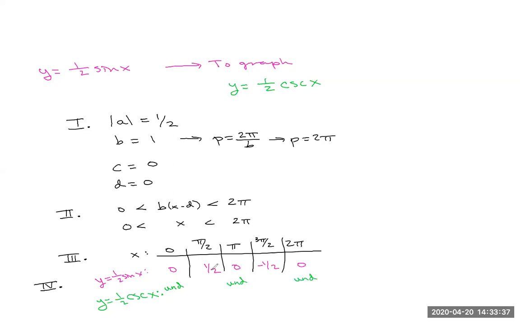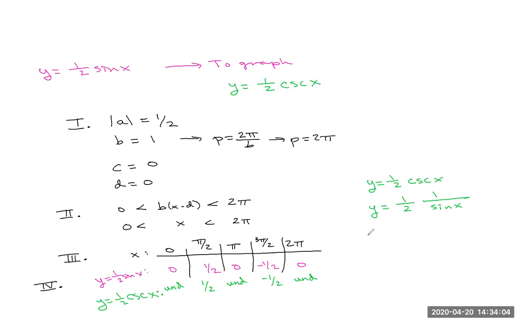And then these values will be exactly the same. The reason why, remember, y is 1/2 cosecant x. That's the same thing as 1/2 times 1 over sine x.